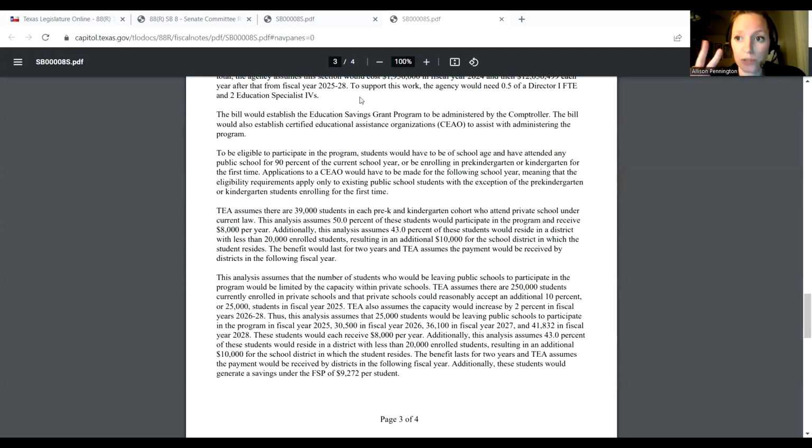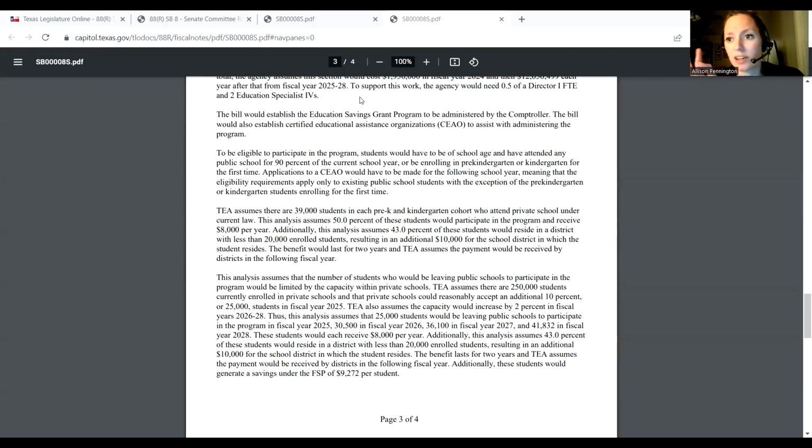So for the first 2 years of this program, if you're a small district and you lose a student who's using an ESA, you get $10,000 from the state for each of those students. And that's intended to help offset that loss, since you're a smaller district and your economies of scale are not as great as they would be in a large urban school district. So that's there, but do note that only lasts for the first 2 years.